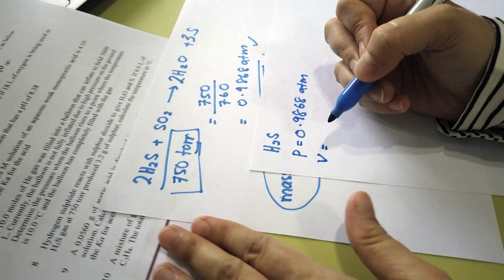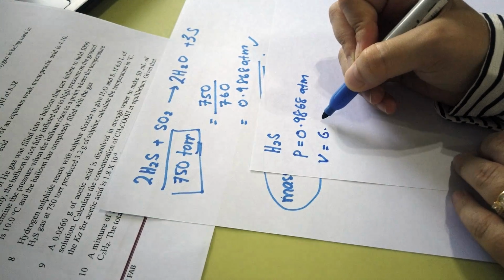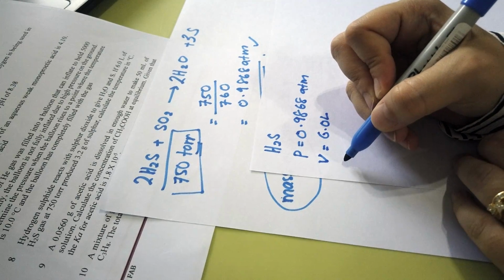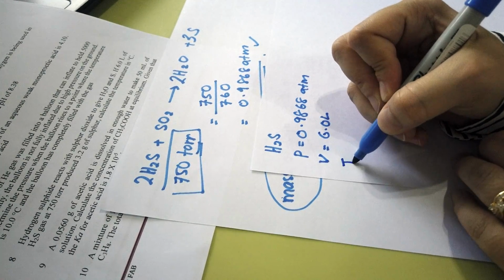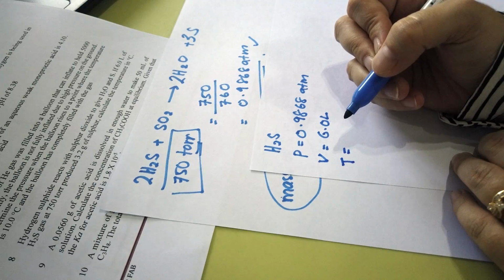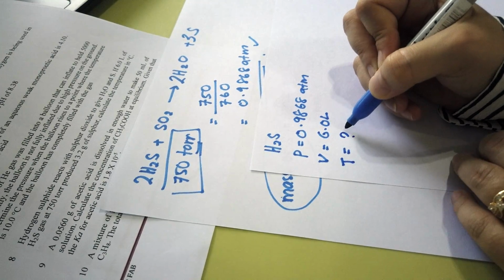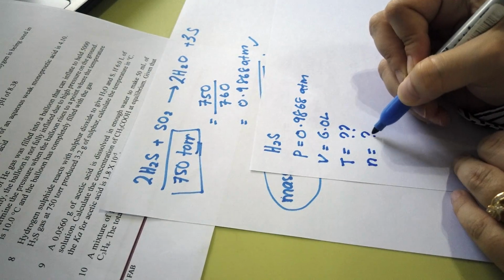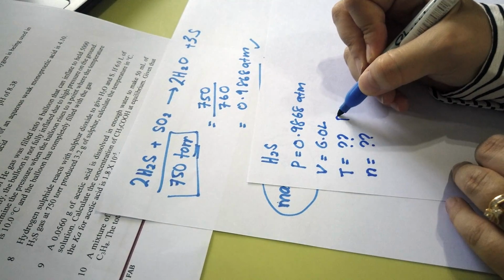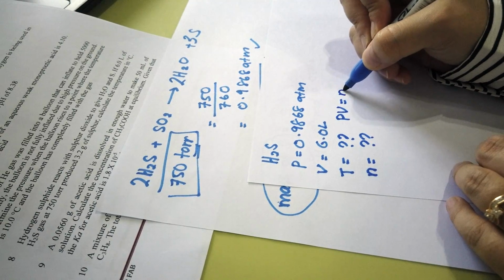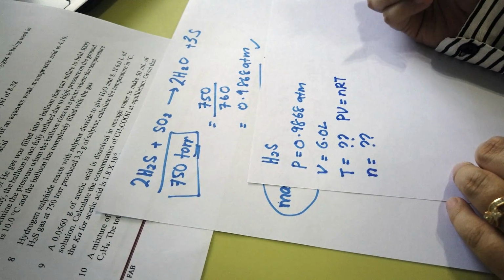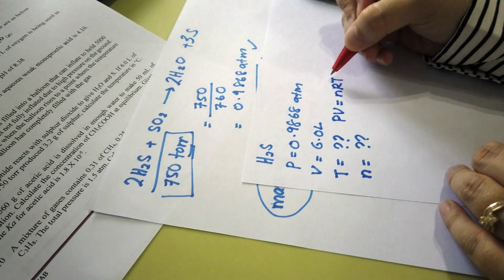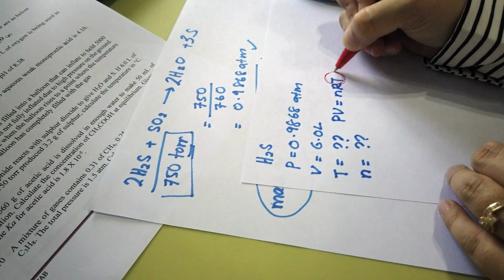Volume is in the question, which is 6.0 liter. The temperature is the one that you want to calculate, so you need to know the n, because you are going to use the ideal gas law, PV equals nRT.